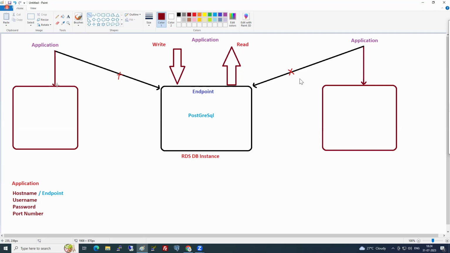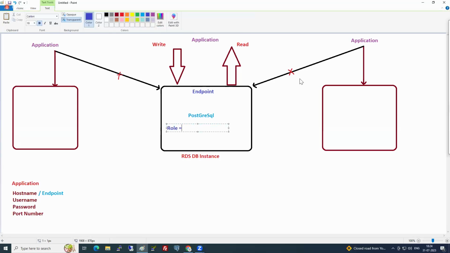Now, can I call this a master server and these replica servers? Or instead of calling it master server, we should call it primary. What is it called? Primary. Guys, generally it has a role. If it doesn't have any read replicas, it will be just an instance. If you create read replicas from this main server, this will become primary, and these all become read replicas.